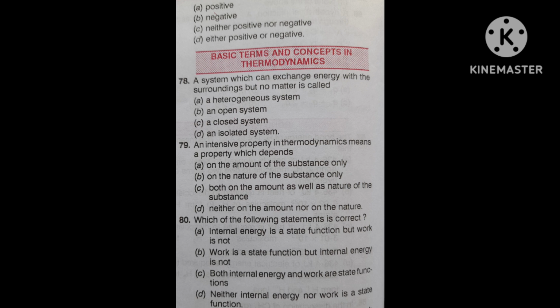Again I am repeating the question. For the precipitation reaction of silver ions, meaning Ag plus ions, with NaCl, which one of the following statements is correct? First option, delta H for the reaction is 0. Second, delta G, free energy, for the reaction is 0.